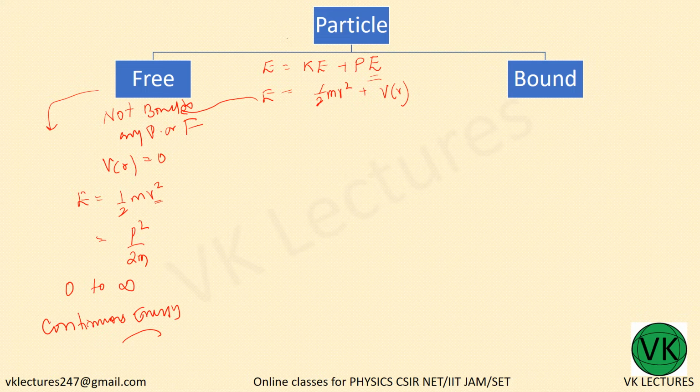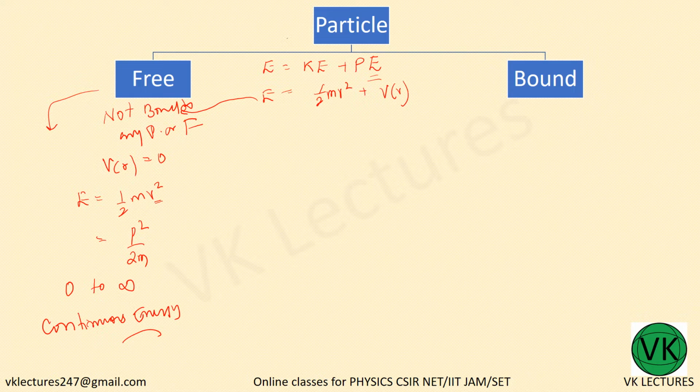Because velocity can have all values, from 0 to infinity. Similarly, this p square or v square value is also from 0 to infinity. Thus energy is positive, from 0 to infinity, any energy, so it is continuous.